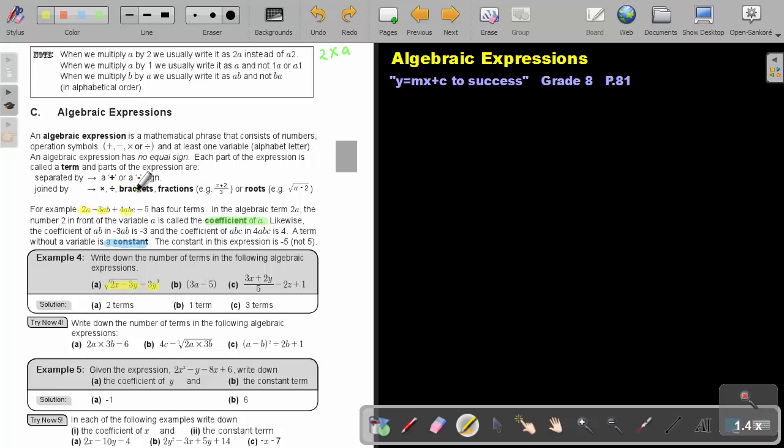Remember, brackets are like glue, so as soon as I put brackets around it, it's just one term. Long division is also like glue. So there's one term, one term, one term. Remember, only minus and plus separate terms. So there will be one term and there will be 3 terms.